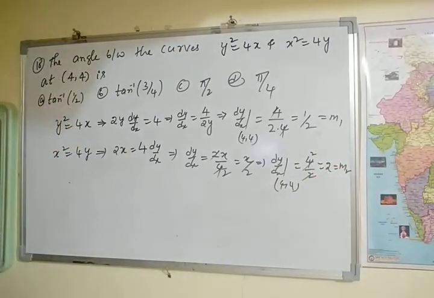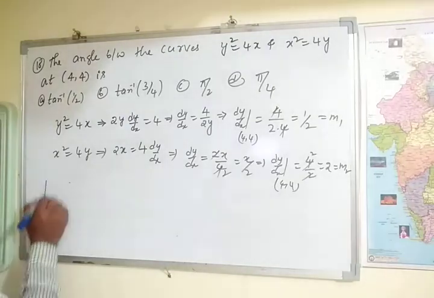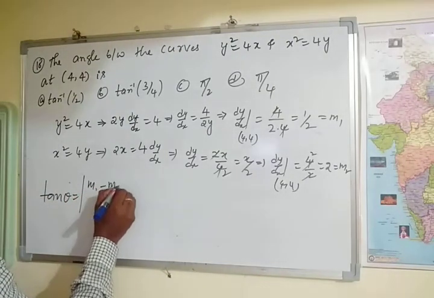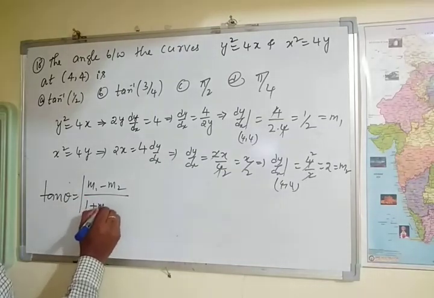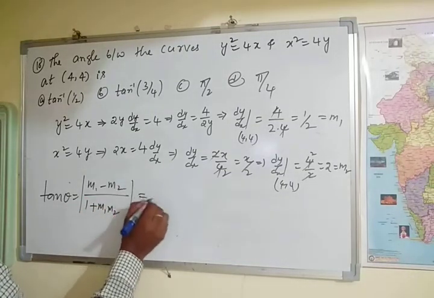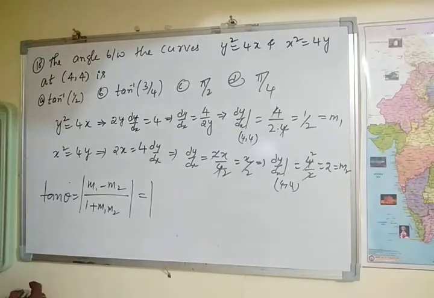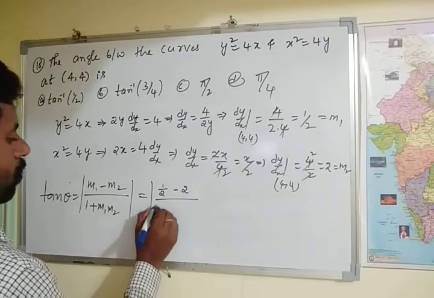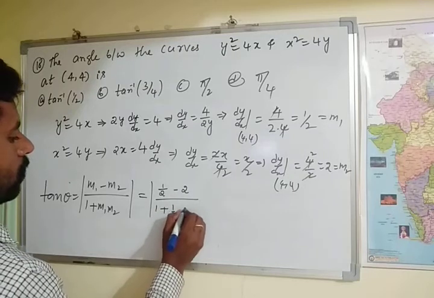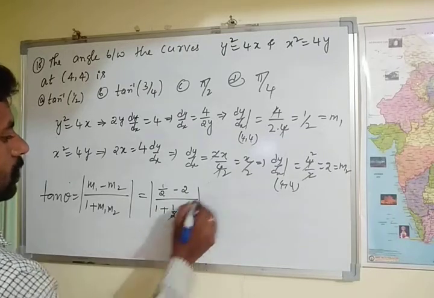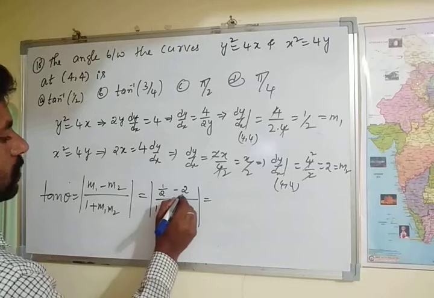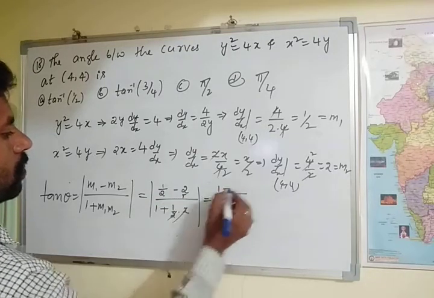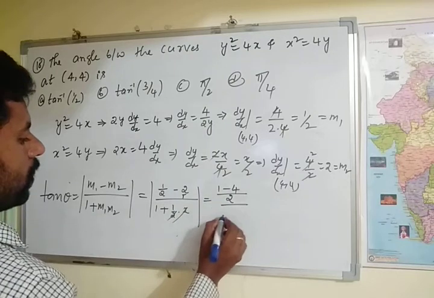Now we have to find the angle, meaning tan theta is equal to modulus of m1 minus m2 divided by 1 plus m1 m2. m1 is 1 by 2 minus 2 divided by 1 plus 1 by 2 into 2. The 2s get cancelled. Take LCM 2 of 1 minus 2 times 2, that is 4, divided by 1 plus 1.